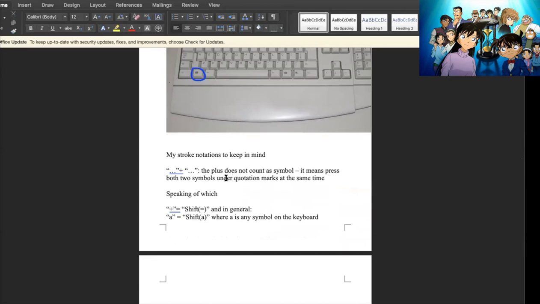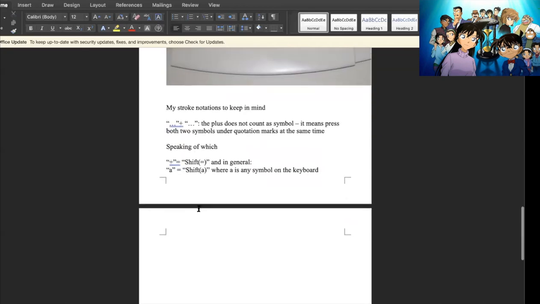It does not mean that I'm pressing three keys at the same time, which includes the plus button. That's not what it means. If I were to say push down the plus button, then I would have the plus surrounded by quotation marks, and I would actually denote it as shift plus equal sign, because you have to hold down the shift button and the equal sign button in order to generate the plus sign. And this would be the general notation.